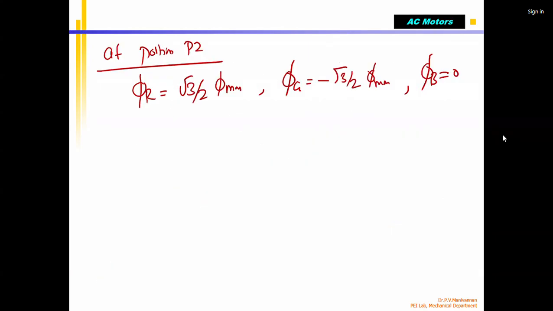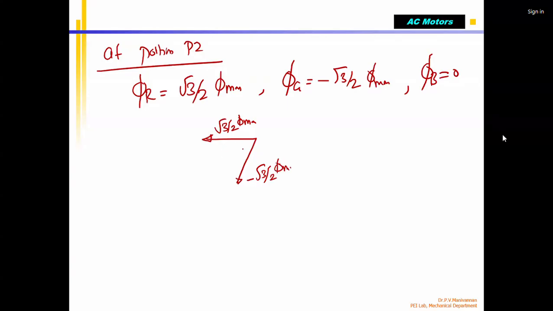Correct? At this one. So if I draw the vector diagram for this time instant, this is going to be root 3 divided by 2 into phi max. This is also minus root 3 divided by 2 into phi max.